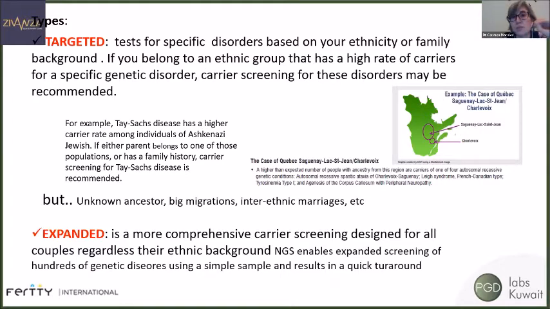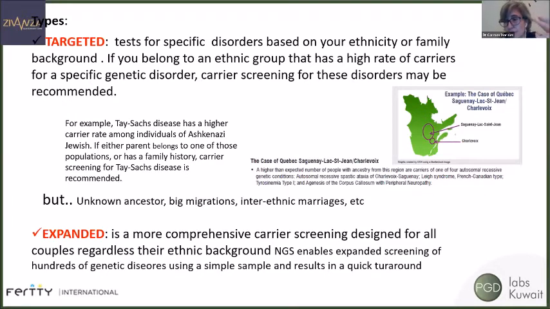If you belong to a specific ethnic group that has a higher rate of carriers for a specific genetic condition, just testing you for these specific conditions is recommended. For example, we know that Tay-Sachs disease has a higher carrier rate among Ashkenazi Jewish people. So if the parents belong to this population, carrier screening for Tay-Sachs disease is recommended.